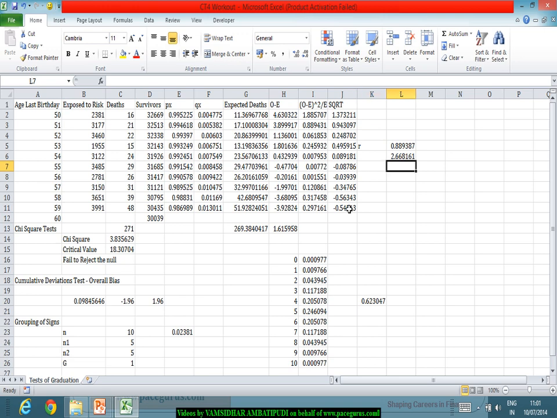I'm comparing it with a normal distribution. If I'm looking at a 5% level of significance, it should be more than 1.96. If it is more than 1.96, I can reject the null hypothesis. So I am able to reject the null hypothesis here and make a statement that the table is not reflecting the actual experiences in a better way.